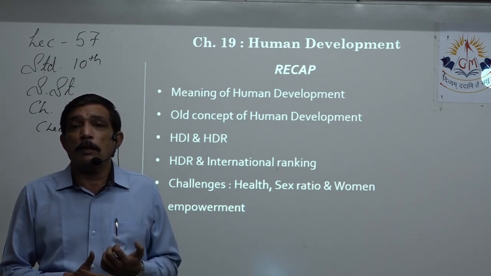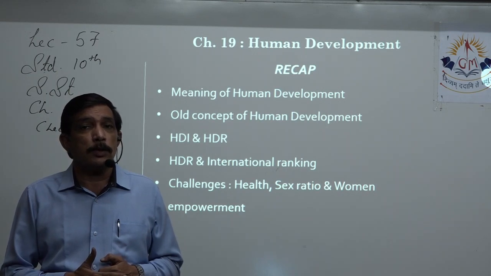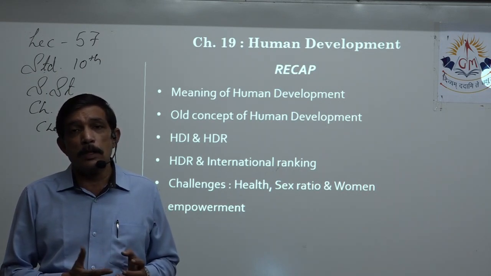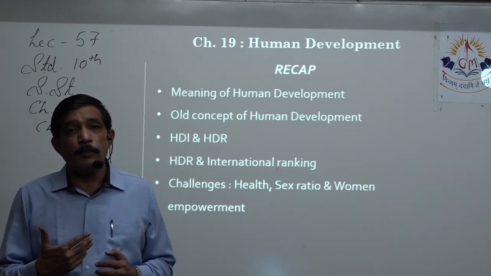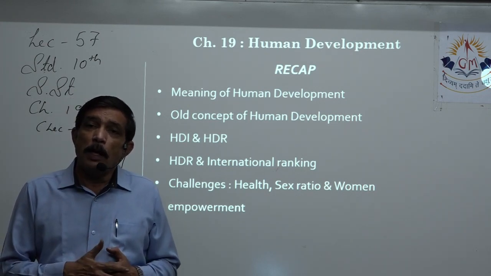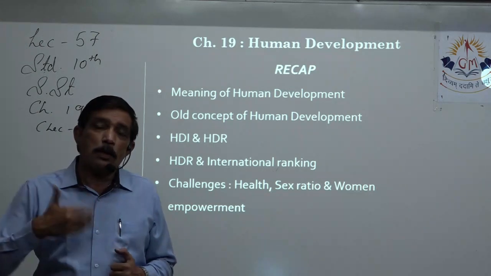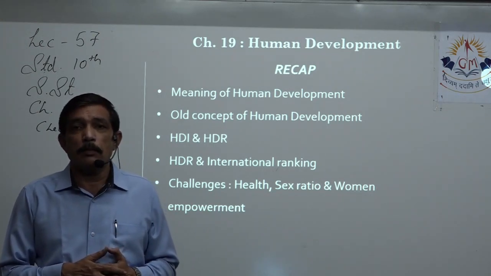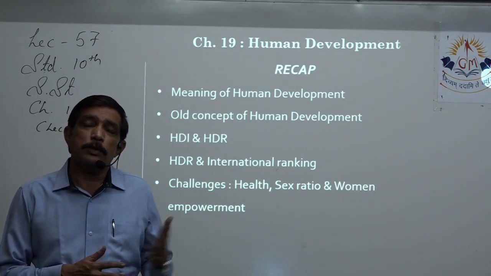Three indicators were taken into use in those days: health, knowledge, and per capita income.